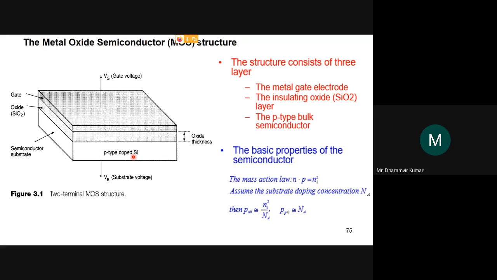Now remember that it can be p-type, it can be n-type, depending on the type of device that we want to fabricate. So for n MOSFET it will be p-type, and for fabricating p MOSFET, this will be taken as n-type silicon material.